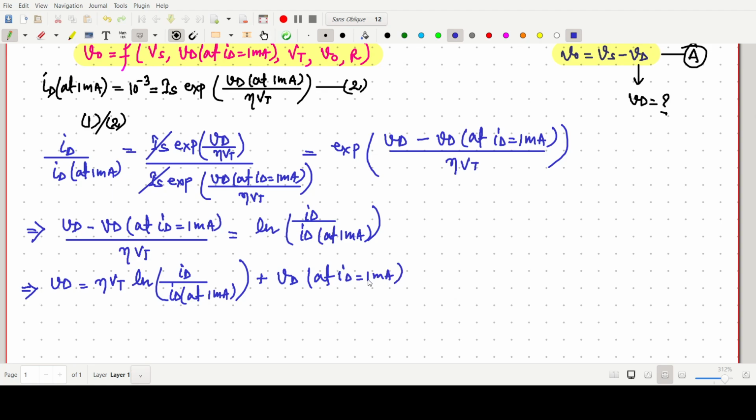This line is okay, this value will be Vd at Id 1 milliampere, and Vd equals eta Vt. Okay, so this one we have found.